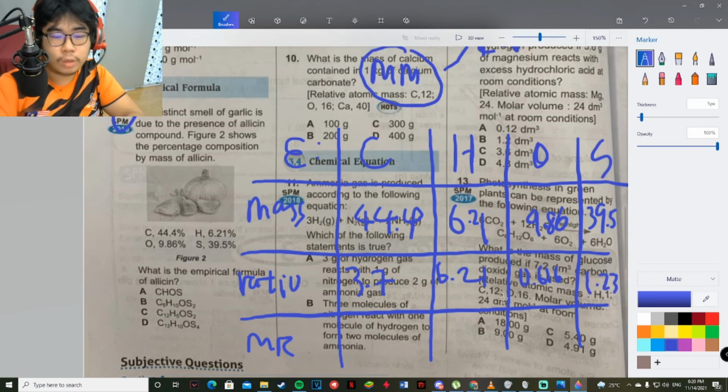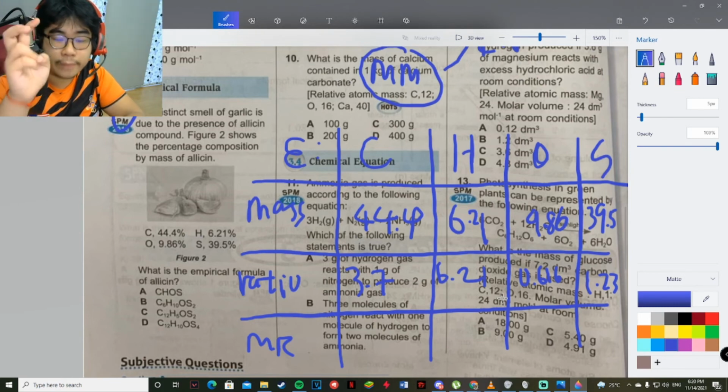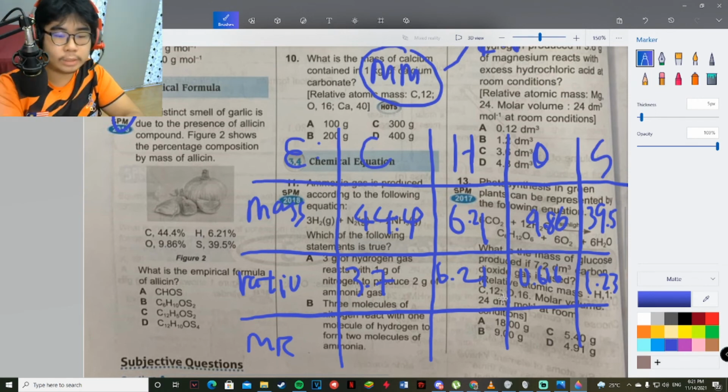So here is the special part. For mole ratio, you need to divide by the lowest number among all of the elements that you found previously. The lowest number here is 0.616, right? So you divide everything by 0.616.